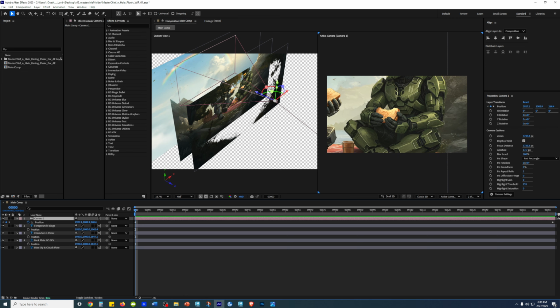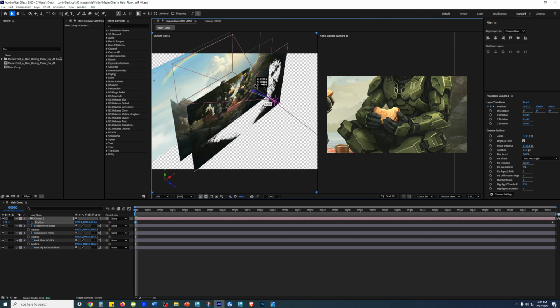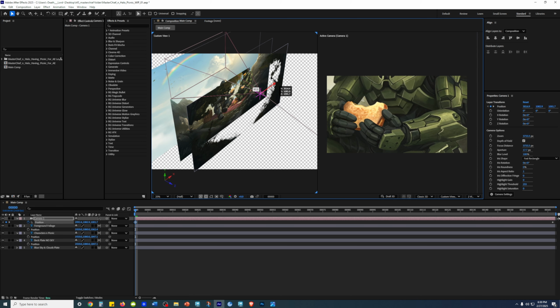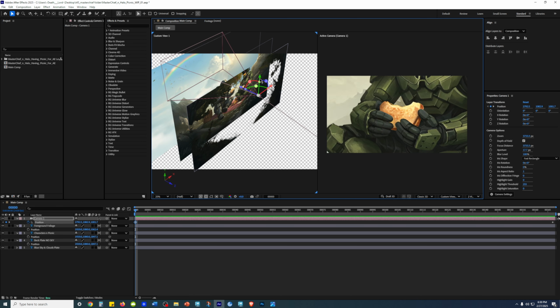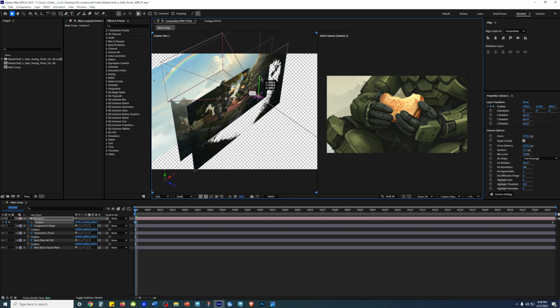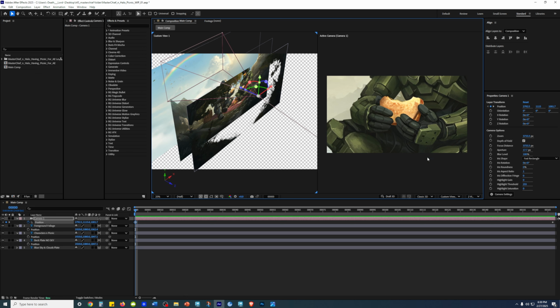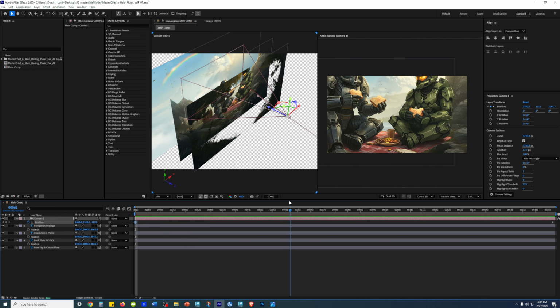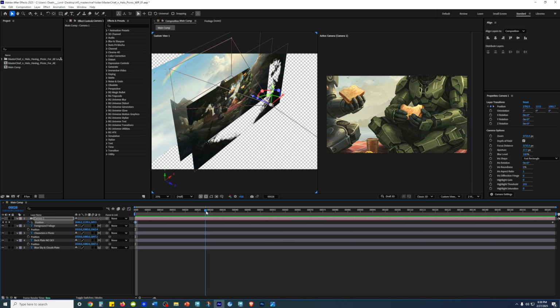I want the camera to zoom in some more, just on the sandwich. I'm gonna center it like so. I'm gonna do it like that so it's dead center. And then when it moves back right around here, which is about frame 29, that's about a second.